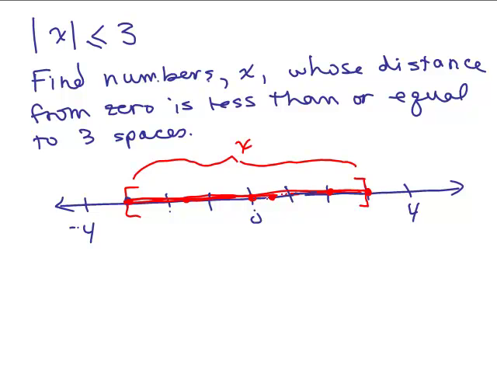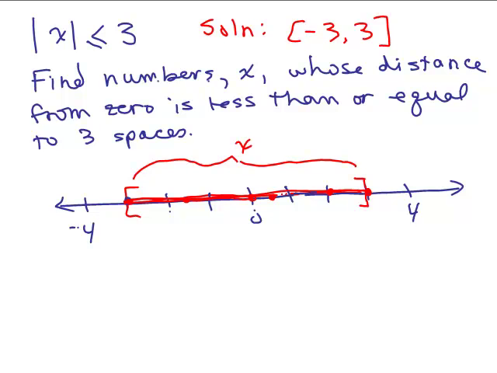Because wherever you place it, the distance from x to 0 will be less than or equal to 3 spaces. So the solution to this problem, if I were to write it in interval notation, is that it's in between -3 and 3, just sort of reasoning that out.